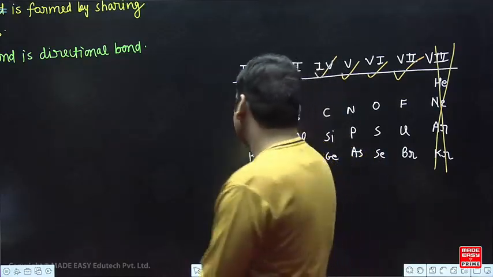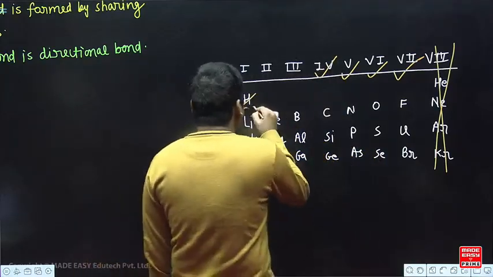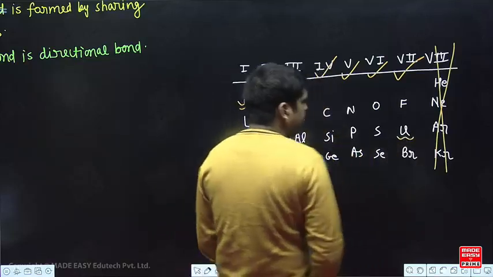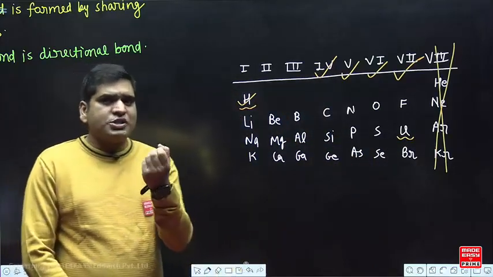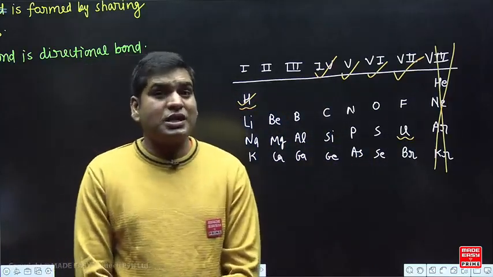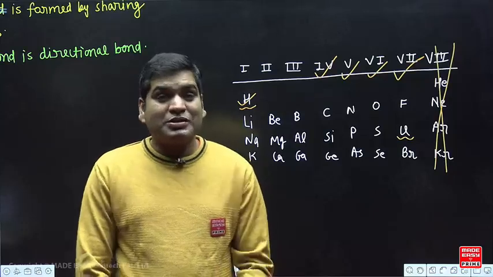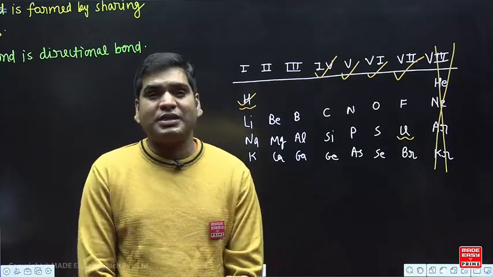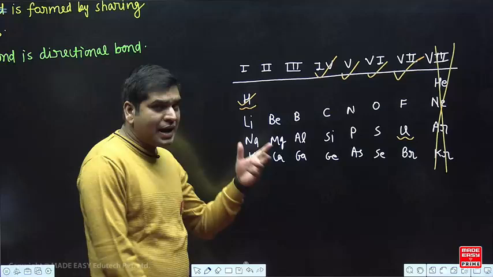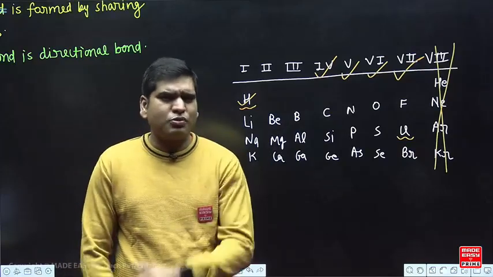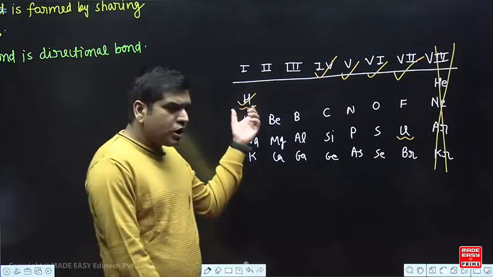There is one more possibility. Suppose hydrogen wants to make a bond with chlorine. Chlorine wants 1 electron, and hydrogen also wants 1 electron. So hydrogen will never give up its electron like sodium. Sodium gives up because sodium does not want an electron, but hydrogen wants an electron.